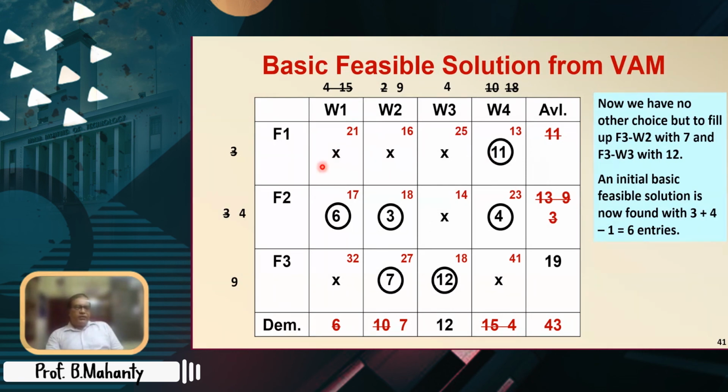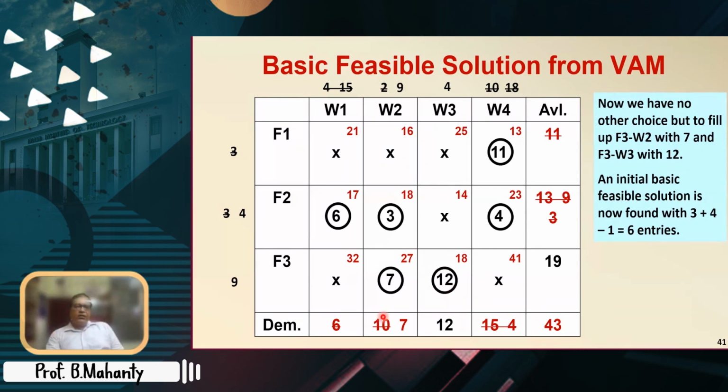All right, so Vogel's approximation is completed, and the solution we have got is F1W4 is 11, F2W1 is 6, F2W2 is 3, F2W4 is 4, and F3W2 is 7, and F3W3 is 12.